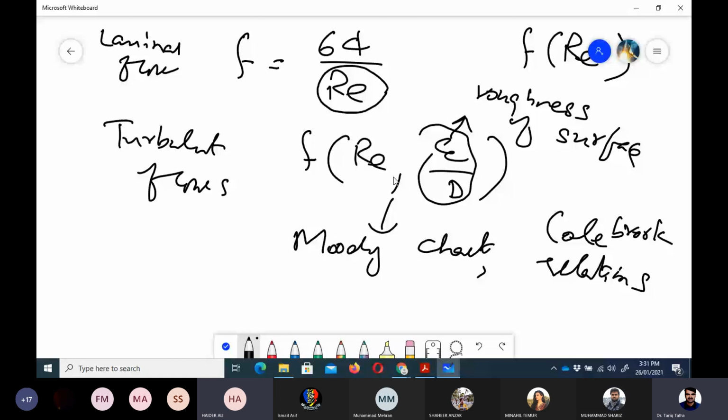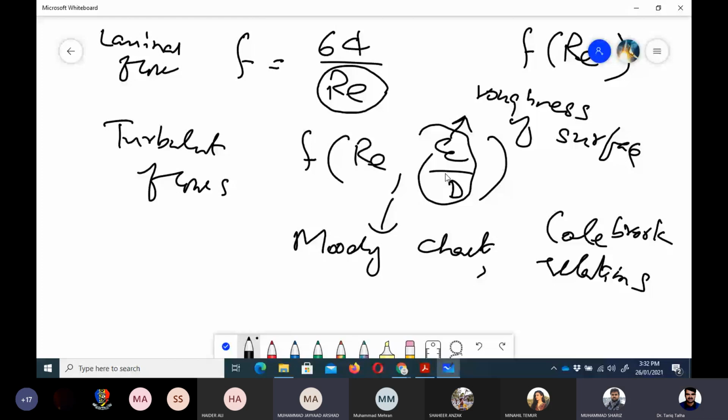So why do we need the Moody chart? Because when we have turbulent flow, we need to cater for the roughness of that pipe. Is that right? Yes, sir.